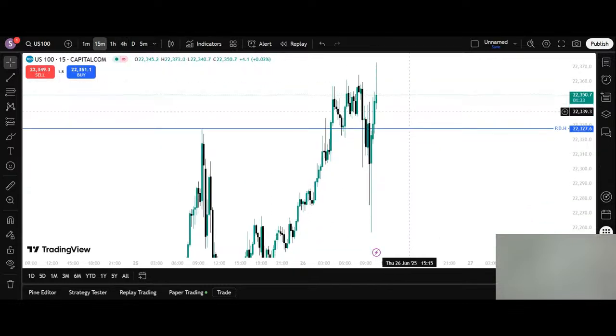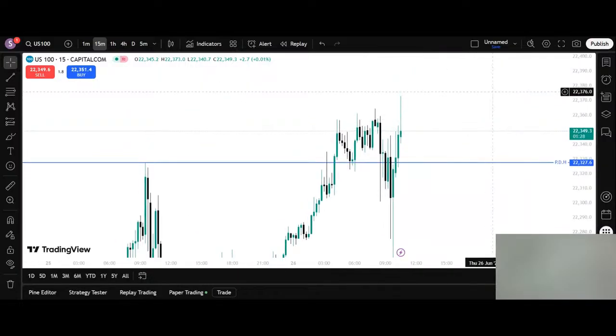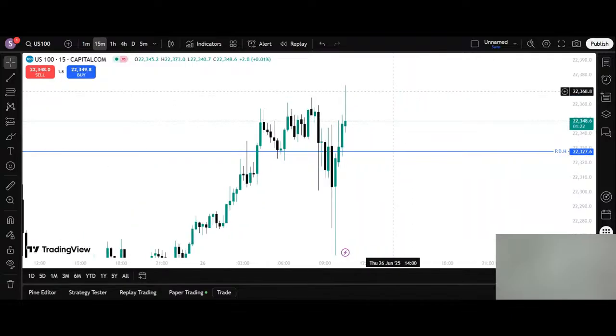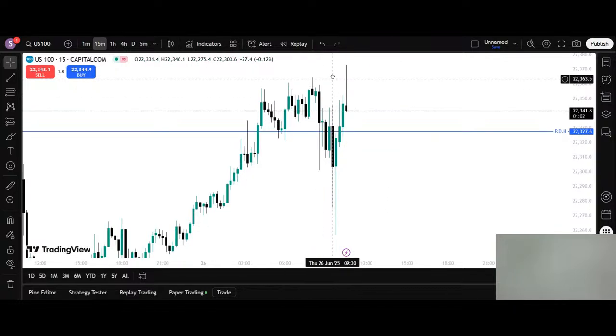It also kind of depends on the 15-minute close. That will give us a good idea. I want to go short, as you can see here, it has taken all the buy-side liquidity.